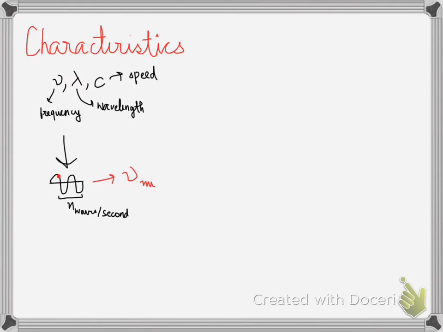And then comes the wavelength. To discuss the wavelength, let's draw a wave like this. Let's say this is a wave, and we draw two peak points here. Then the distance between these two peak points is called the wavelength. The distance between two consecutive peaks or troughs in a wave symbolizes the wavelength.